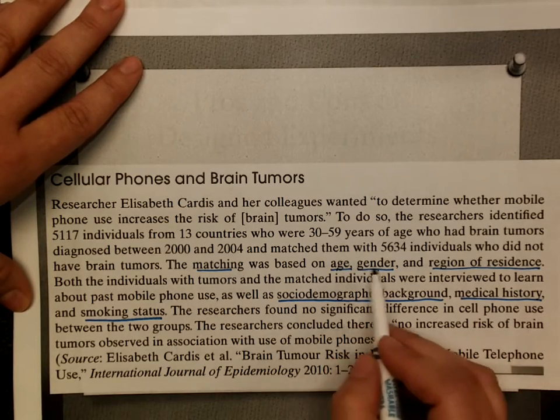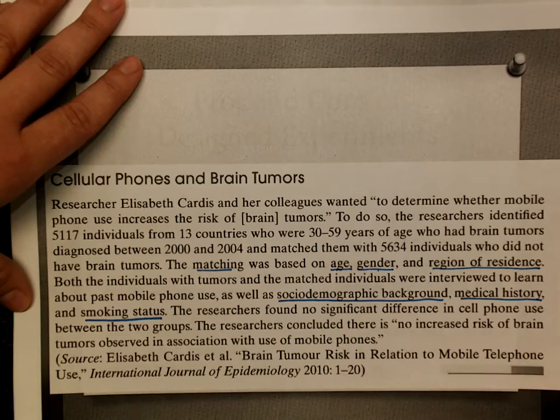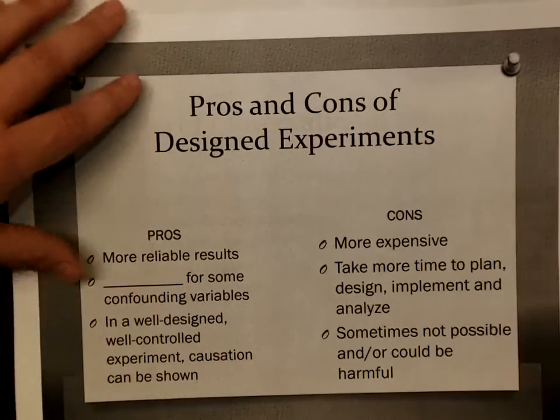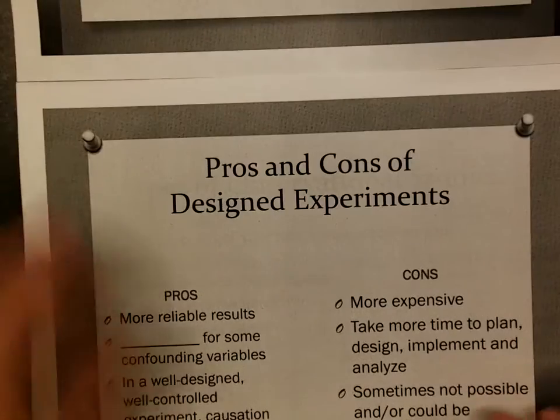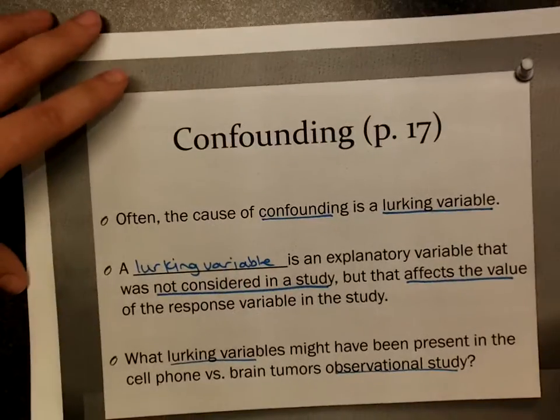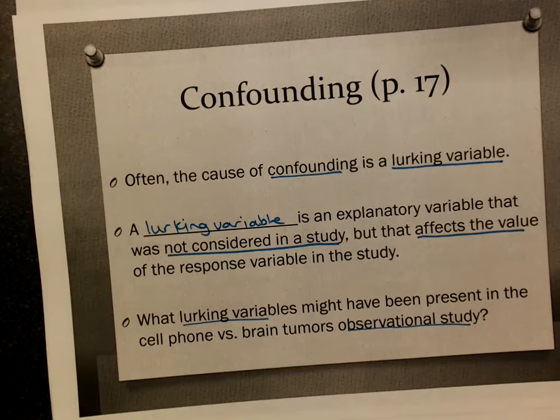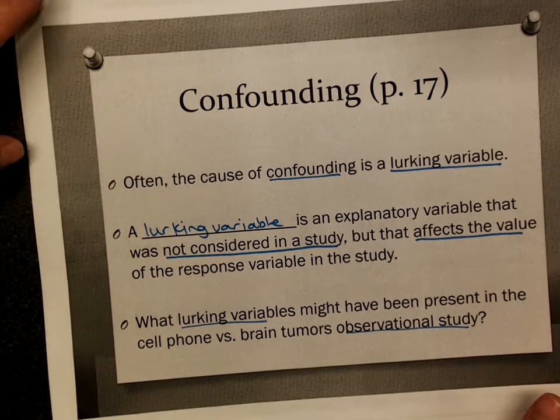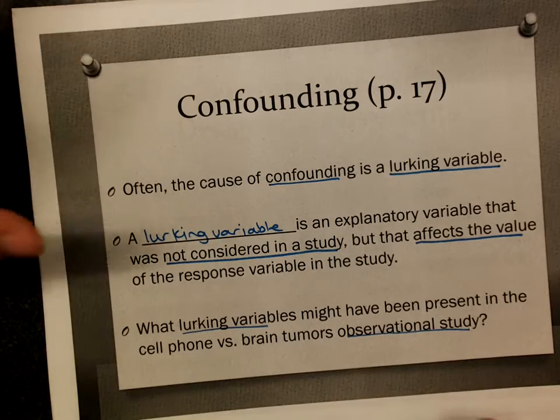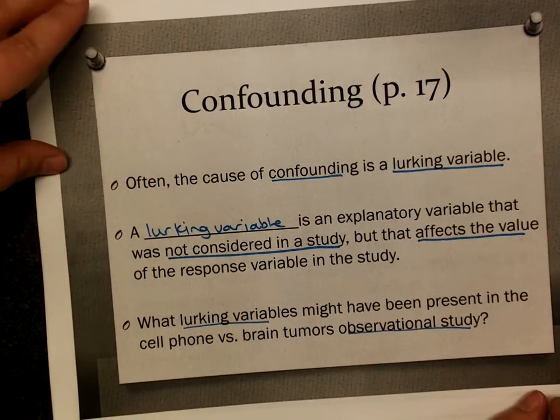So they really did a good job of separating as many of the lurking variables as they could think of. Usually in an observational study, there's at least one lurking variable, and there are all kinds of different things that can get in the way and muddle up your results.